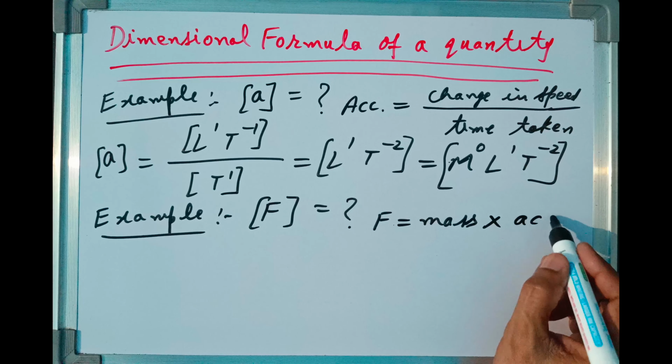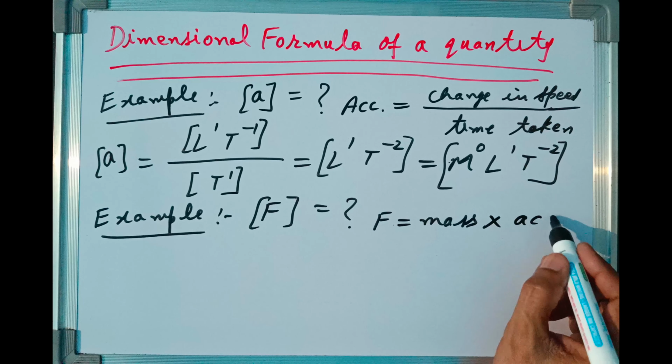So dimensional formula of force can be found as, put dimensional formula of mass M raised to power 1 multiplied with dimensional formula of acceleration, just I have found M raised to power 0 L1 T minus 2. After simplification, I can write M1 L1 T minus 2. So this result is dimension formula of force.